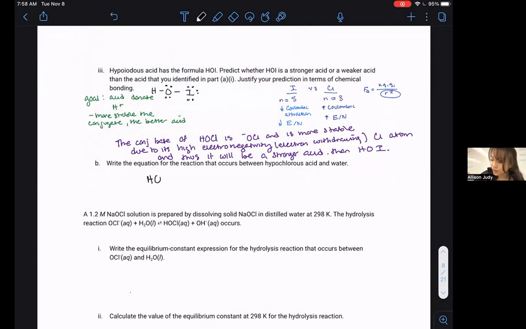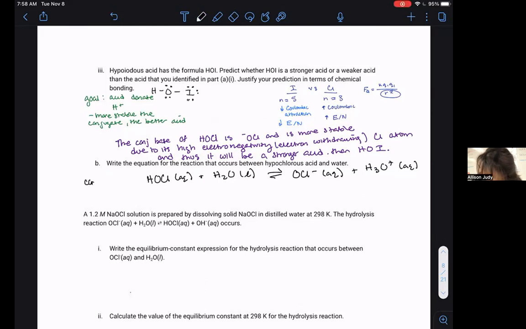The standard reaction would look like HOCl aqueous reacts with water liquid, and this is a weak acid because we are quantifying it in Ka, to produce in equilibrium the OCl minus conjugate base, aqueous, and hydronium ion, aqueous. Okay, that would be the complete reaction.